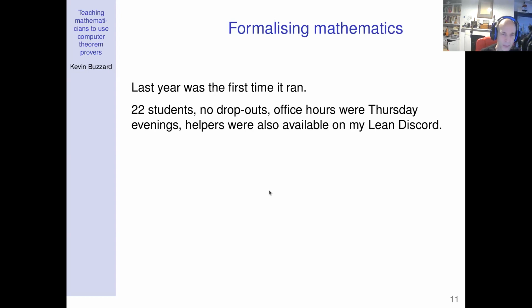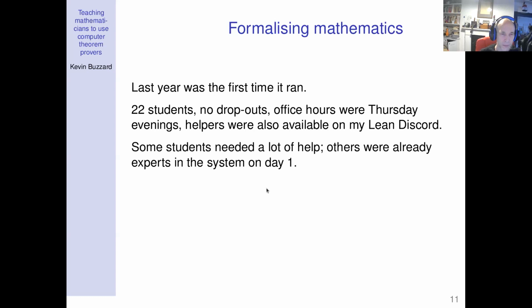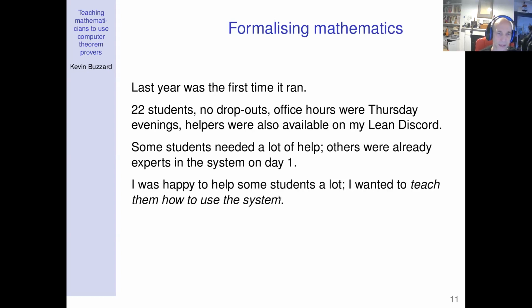So the students show up on Discord and ask questions at all hours of the day or night, and I don't have to answer them, because there are several world experts just hanging around on my Discord. Some students spend a long time getting the hang of it, whereas others have been doing Lean for 2 years already because they've been coming to my club. They're already world experts. So it's a very interesting mix of people.